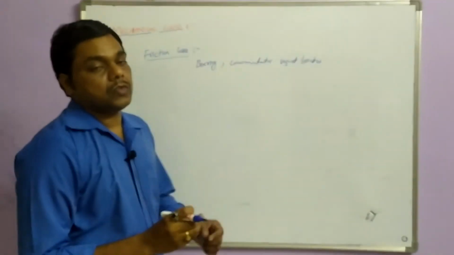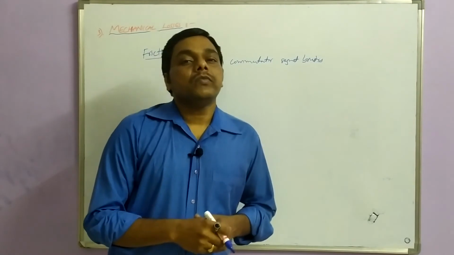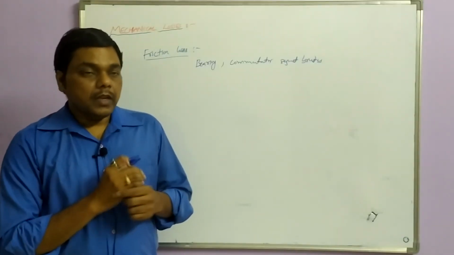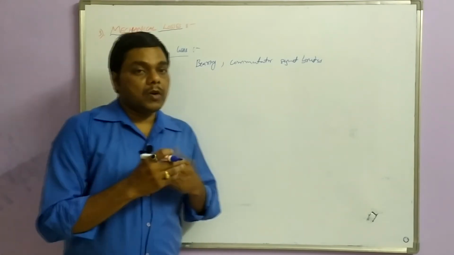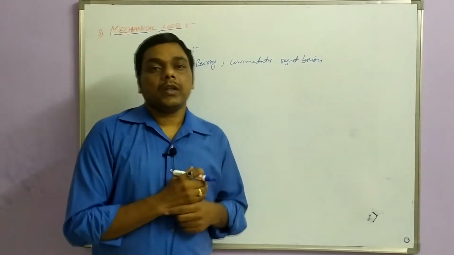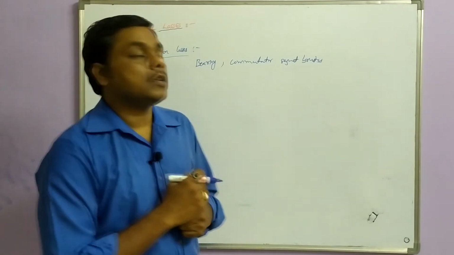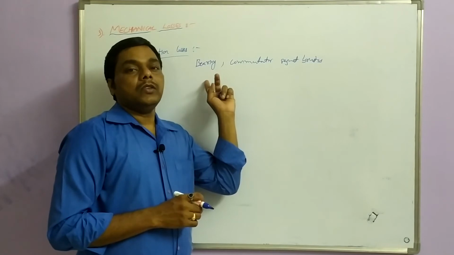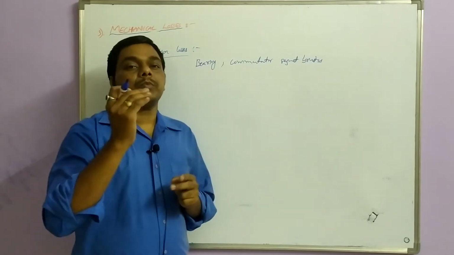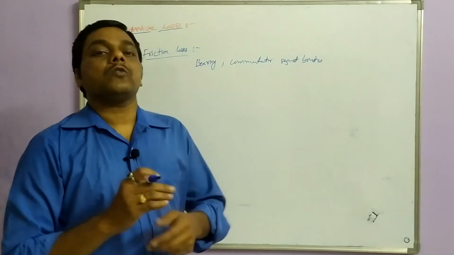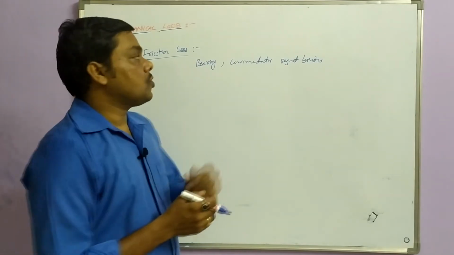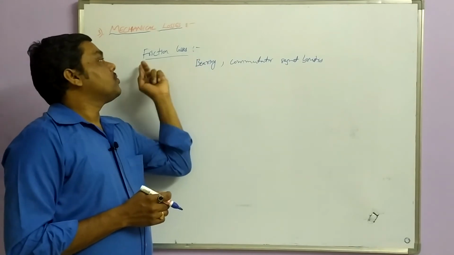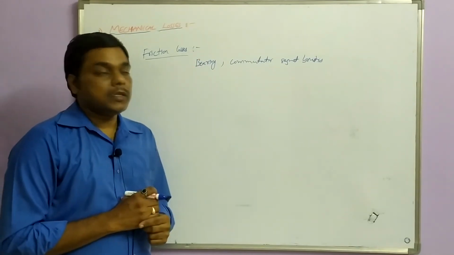When you place a shaft in the bearings, if proper lubrication is not done or any dust particles are formed in the grease or lubrication, there is friction in the bearing, which causes the motor speed to reduce and also makes noise. So due to this, there are losses called friction losses.